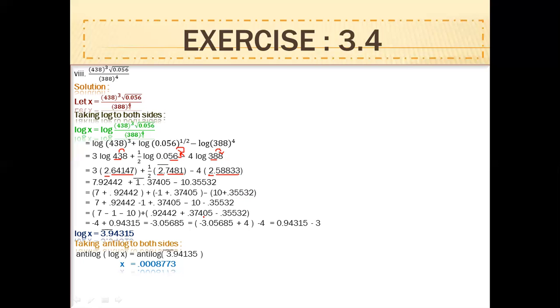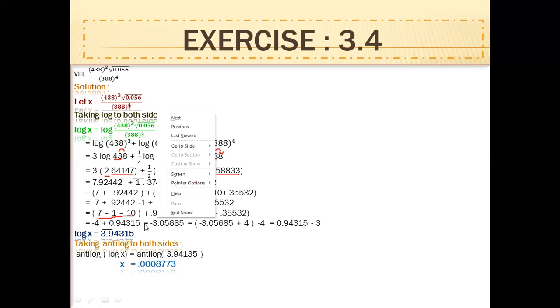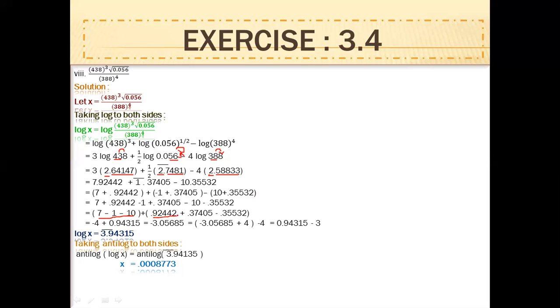0.35532. Now open all the brackets and you see the sign will change in the last bracket, minus 10 and minus 0.35532. We equate all the characteristics within one bracket and all the mantissas in the second bracket. 7 minus 1 minus 10 and all the mantissas are here.